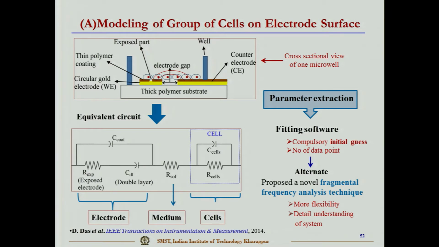So, this is the total electrical equivalent circuit for the whole system, comprising the cells, the media as well as the electrode structure. For the media you will have only the solution resistance, whereas for the electrodes, as an electrode is a metal, you have a resistance value, a capacitance for the coating layer, as well as a capacitance for the double layer.